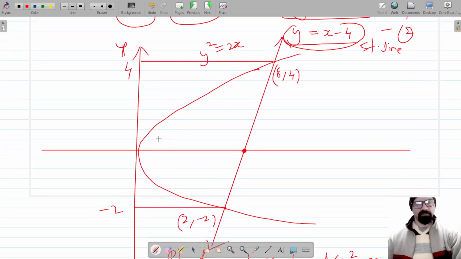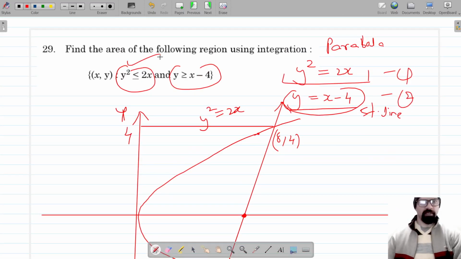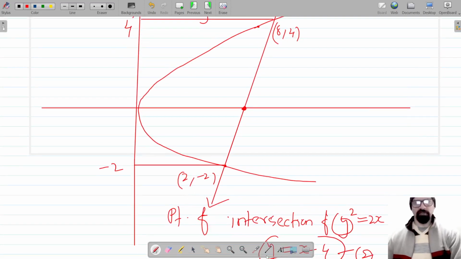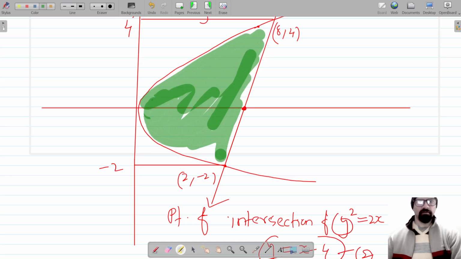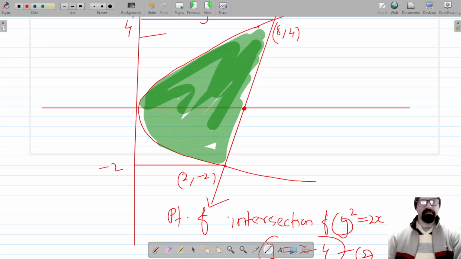Now, our concern is the area of the region between the parabola and the line. The region between the parabola and the line is this one. And how do we find this? We are going to find the complete area. Let's find out this complete area, this one.